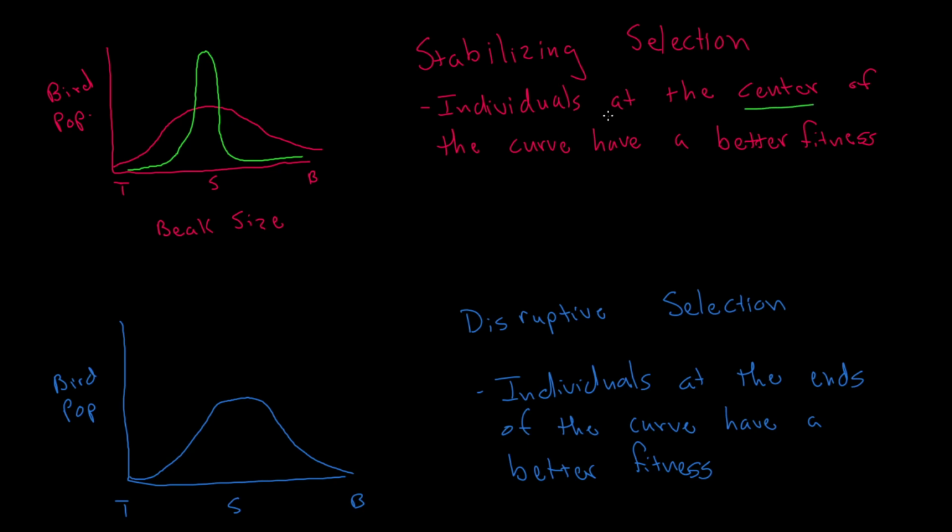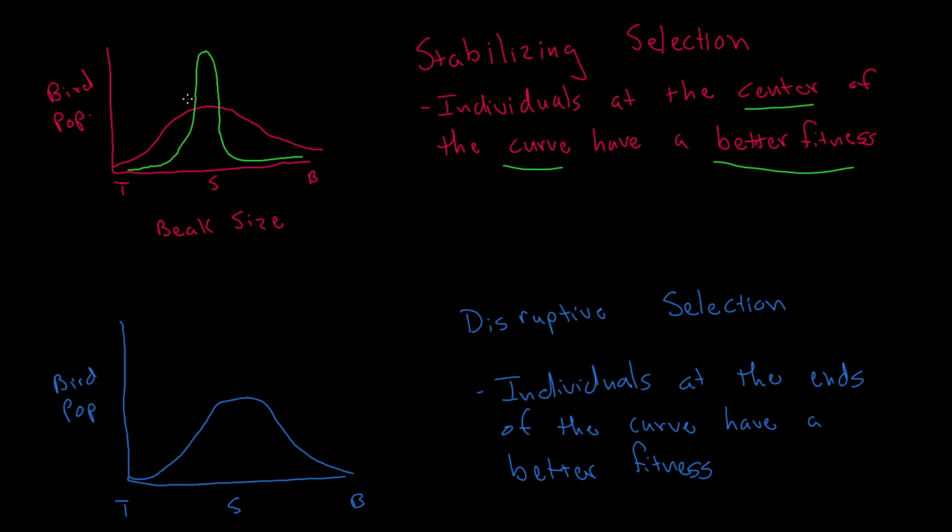Individuals at the center of the curve have the better fitness. Whenever you see a change like this on a graph on your test, it shows stabilizing selection, which tells you the tiny beaks and the big beaks are dying off. Maybe their food source changed, maybe there was a disease or something like that.